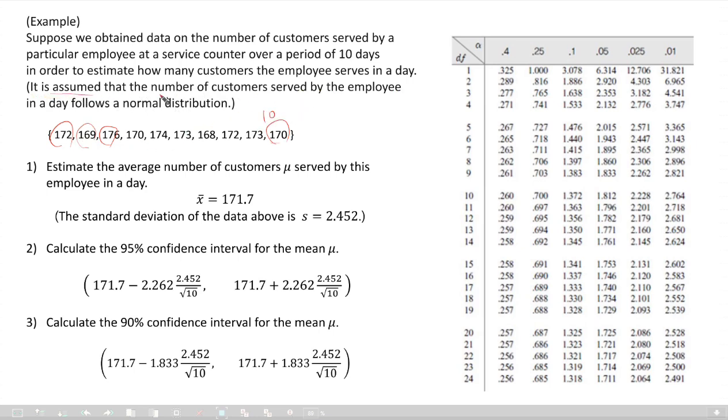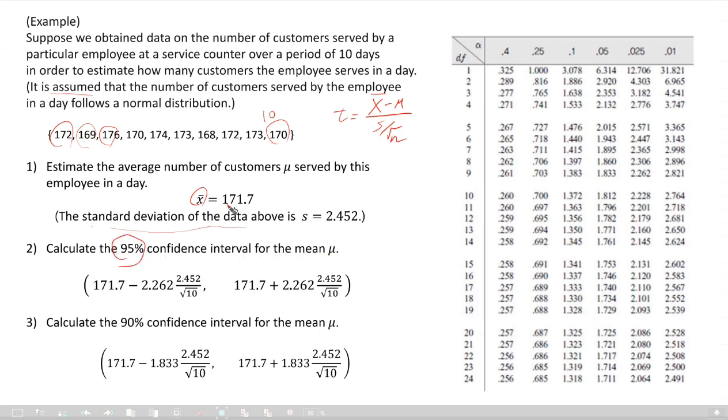So I like to assume this data follows a normal distribution, because t comes from a normal distribution: x bar minus mu over s over square root of n. The estimate of the average number of customers mu served by this employee in a day is the sample mean 171.7. The standard deviation of the data is 2.452. Calculate the 95% confidence interval for mean mu.